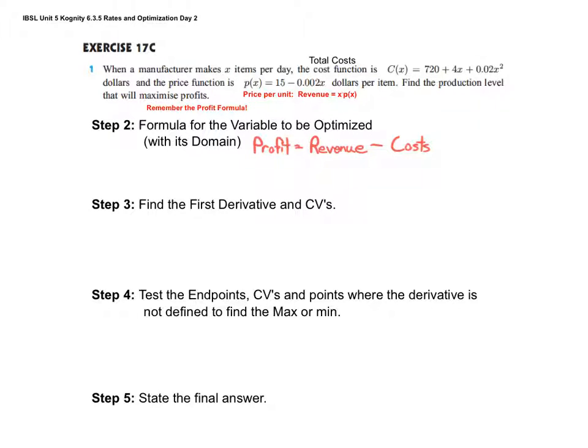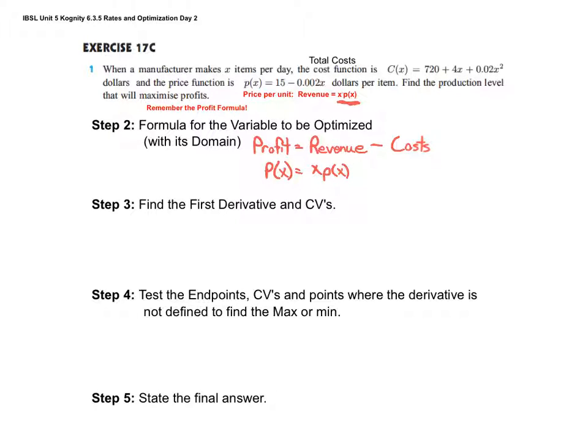So, to write this as a function, our profit in terms of X is going to be our total revenue. And this I gave you because this was a little tricky. P of X is the price per item. So if we're producing X number of items, our total revenue or income is going to be X times that price per item.